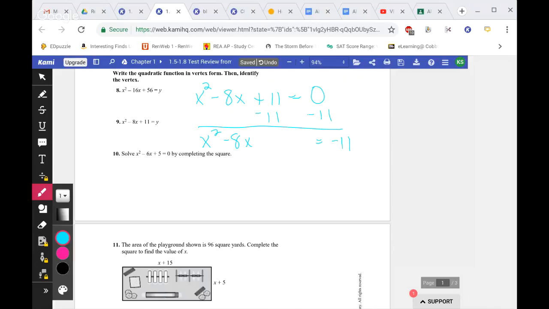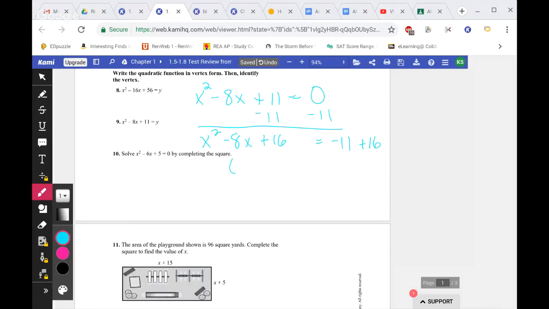And you're going to leave yourself some space to complete that square. Because what you want to do is turn the left-hand side into a perfect trinomial by halving, squaring, adding. Half it, square it, add it. So half of negative 8 is negative 4. And negative 4 squared is 16. So I'll add 16 here, and I'll add 16 there, because whatever I do to one side of the equation, I have to do to the other.